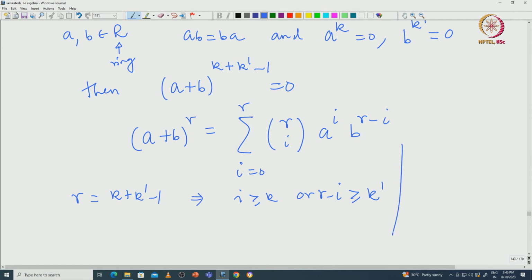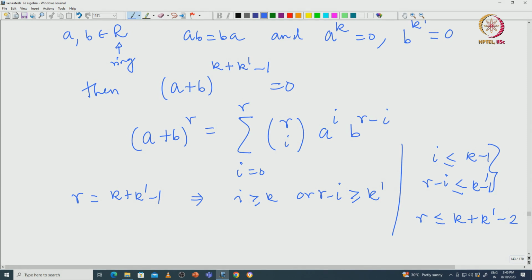Otherwise, i would be less than k and r minus i would be less than k dash, which would imply r is less than or equal to k plus k dash minus 2.